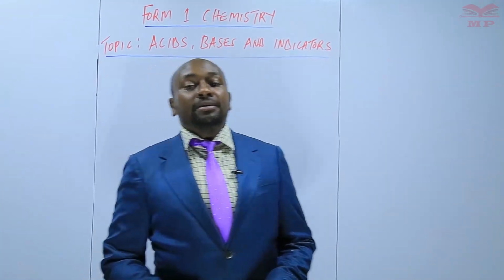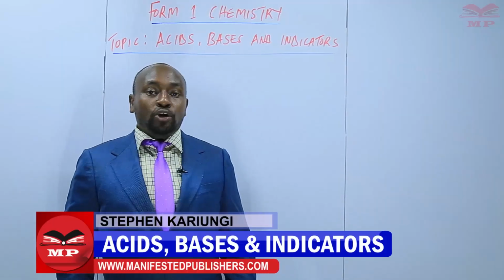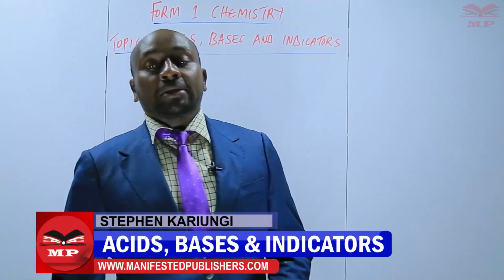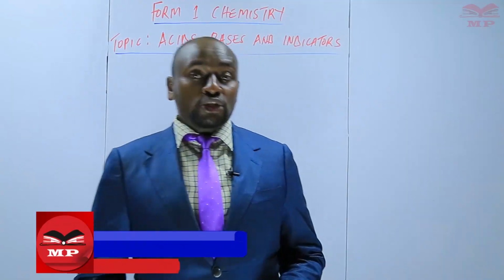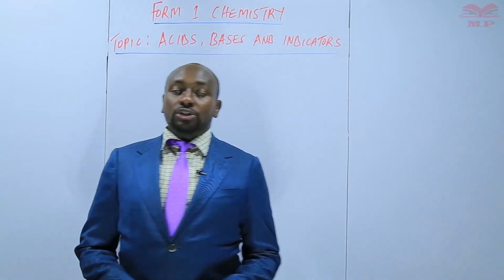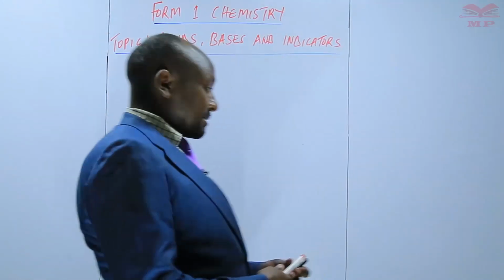Welcome learners, my name is Stephen Kariungi and we are continuing with our topic of discussion, and the topic is acids, bases and indicators. So at this point we are going to learn about properties of acids.